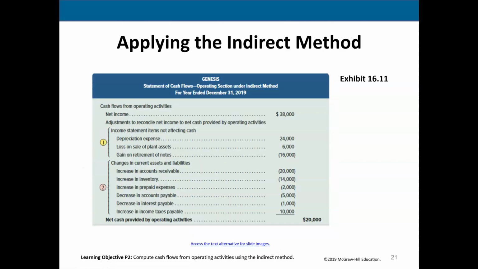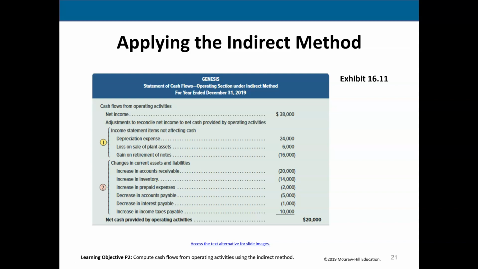So we'll start with that $38,000. And then from there, make any adjustments. The first thing we're going to do is add back in depreciation expense. We are going to add it back in because it is not a cash item, and so we have to take it out to reconcile to cash.